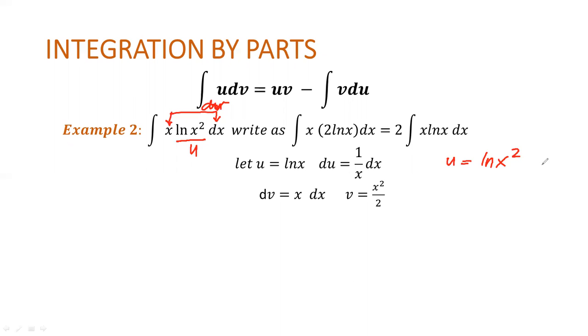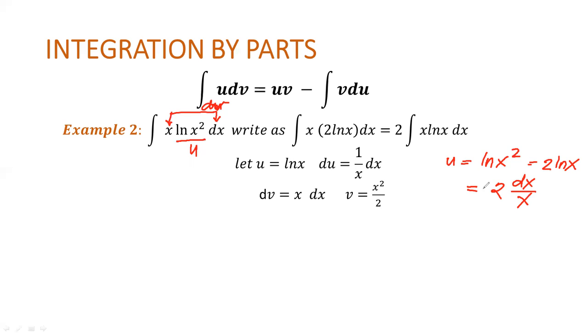If you use the property of logarithm in EMA 101, this could be written as 2 ln of x. The exponent here could be written before the ln, just like what's written here. And you can differentiate this: the u here is differentiated, which is dx over x. So this is your u in this case.